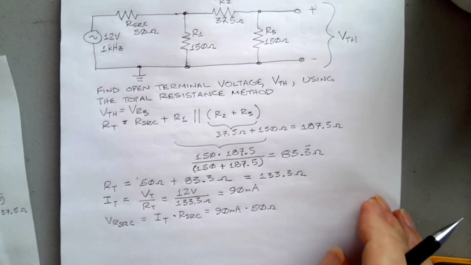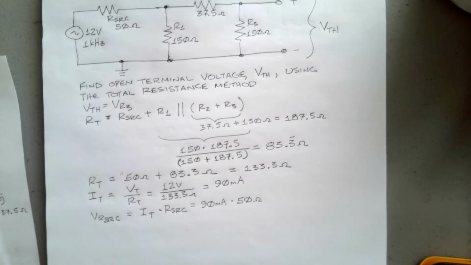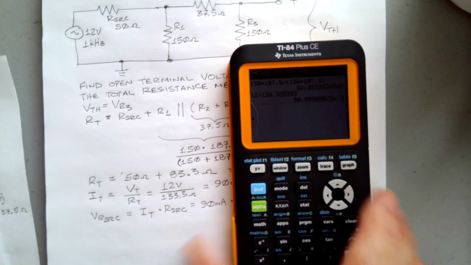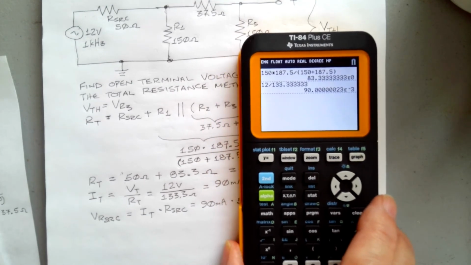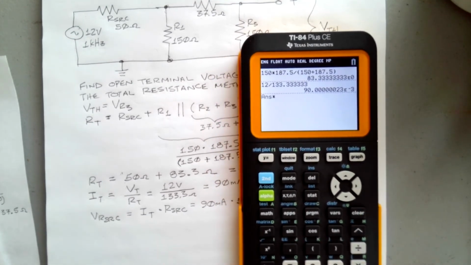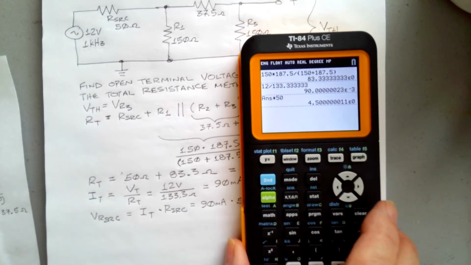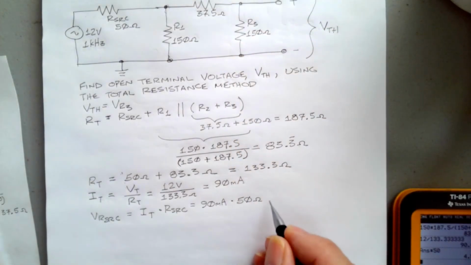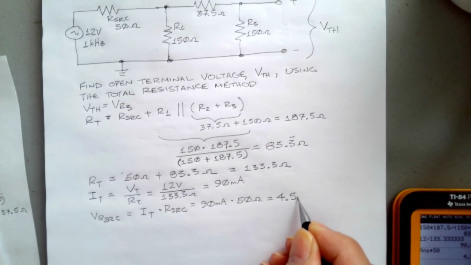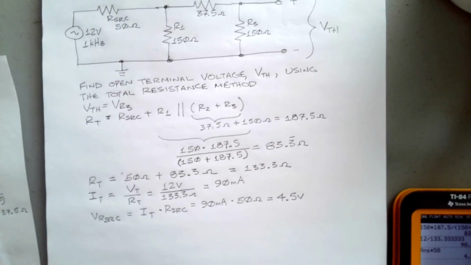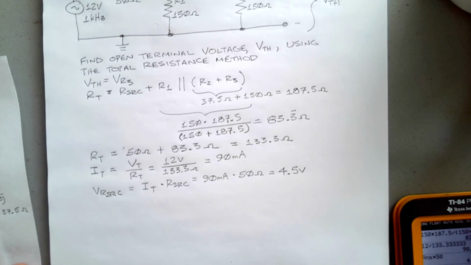So let's bring in the calculator here, and we still have 90 milliamps on there, so let's multiply that by 50 ohms, and we get 4.5 volts. So this is going to give us 4.5 volts.